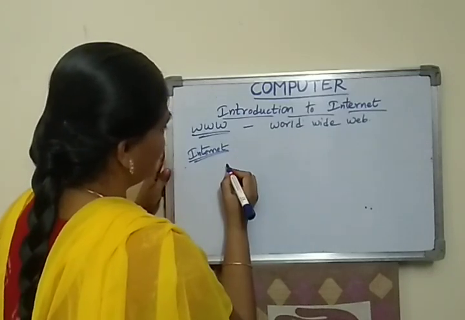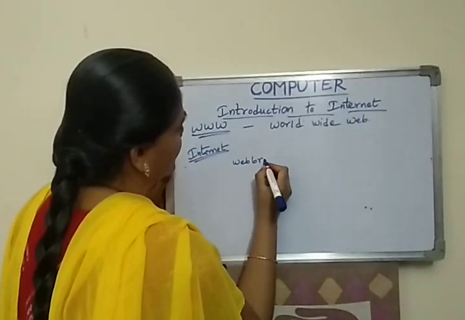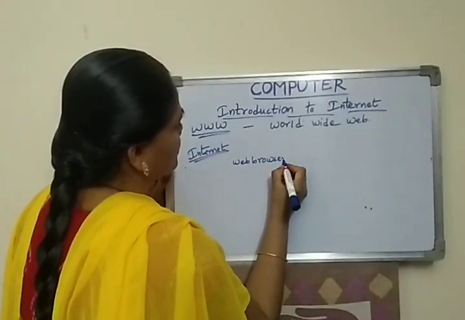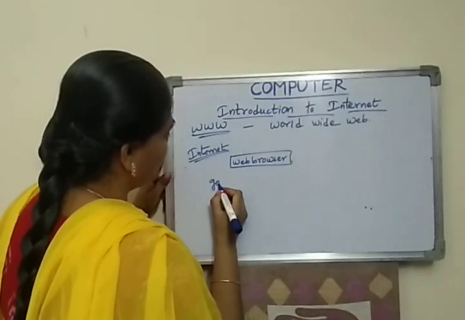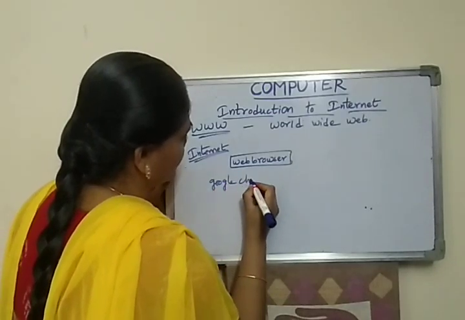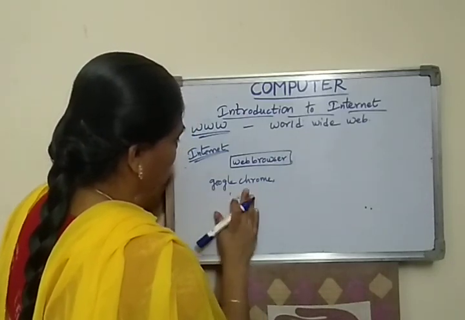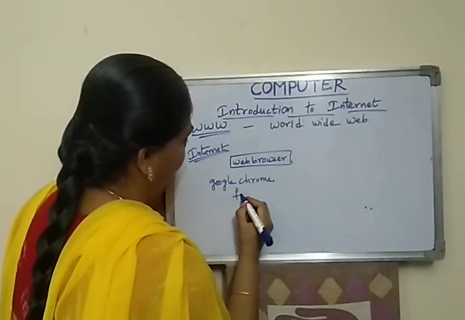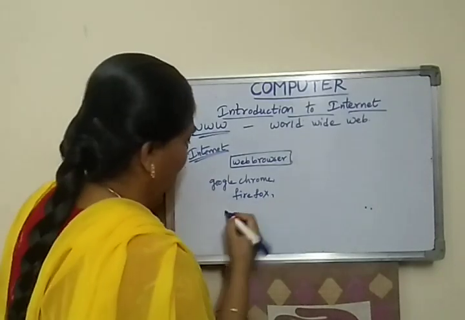First, if you have internet, then we have to access a web browser. So what are the web browsers we have? Google Chrome, Firefox. So these are the web browsers.